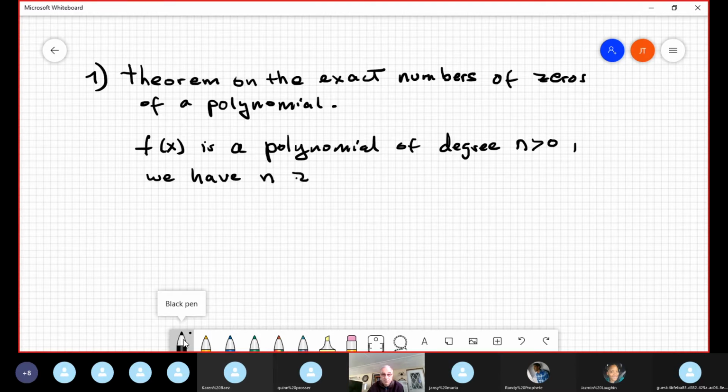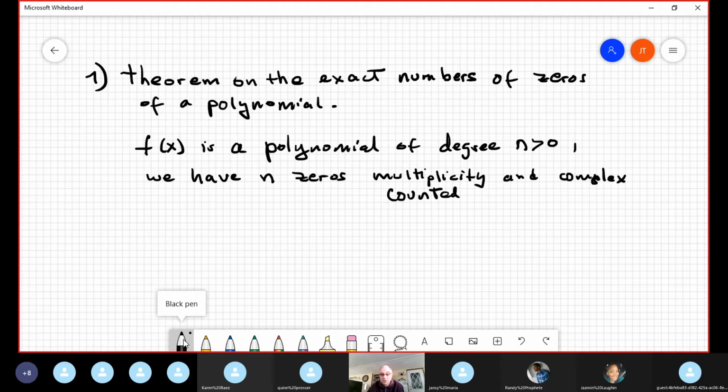Okay. We have n zeros. But it's important to understand you count, for example, multiplicity. Remember, multiplicity is a synonym to say repetition. Multiplicity counts. So you need to count multiplicity and complex.